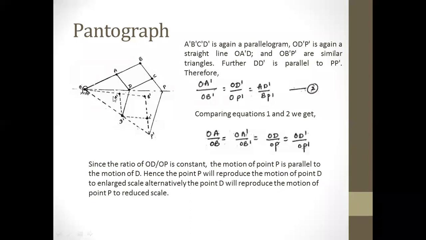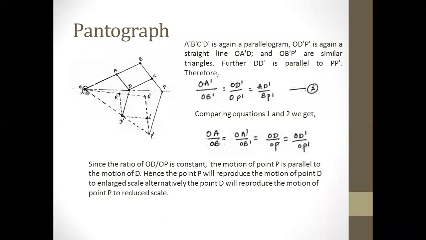Here also we consider the similar triangles. O, D dash, P dash is again a straight line. Now consider triangle O A dash D dash and triangle O B dash P dash. They are also similar, so we can take the ratio.